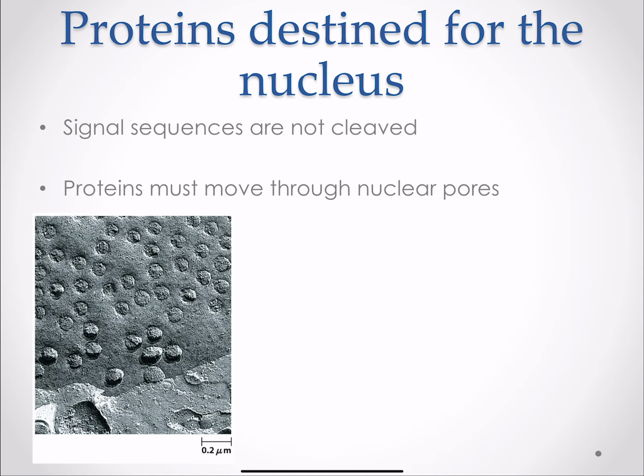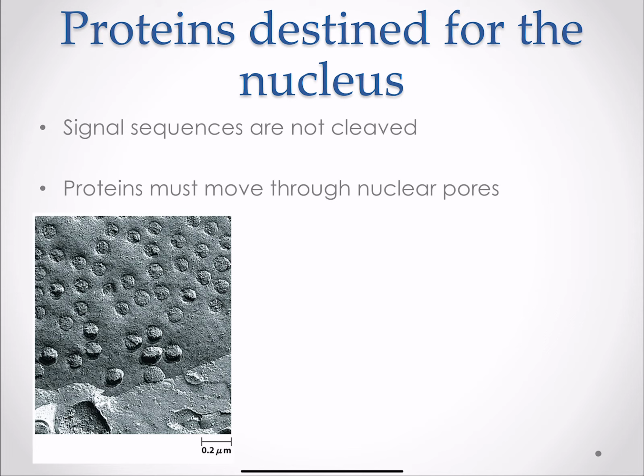There are also going to be a series of steps in moving proteins into the nucleus. As you can imagine, the nucleus has pores. So the proteins have to be able to get through the pores and into the nucleus. And this is going to occur through a series of steps.